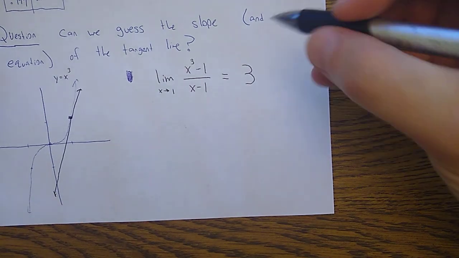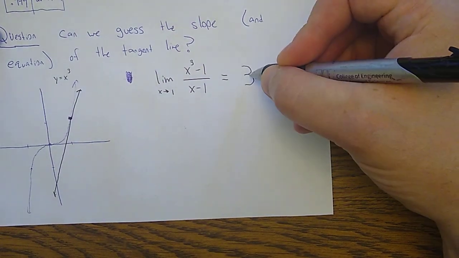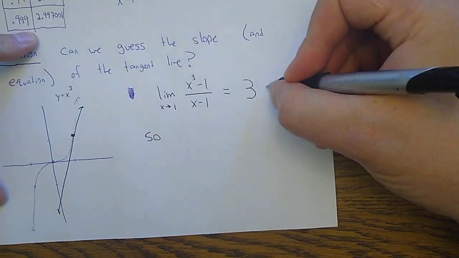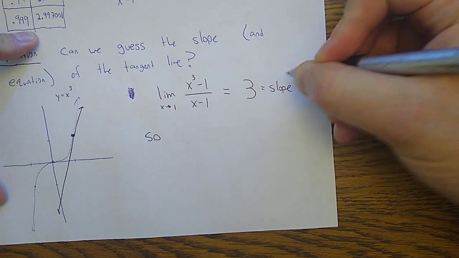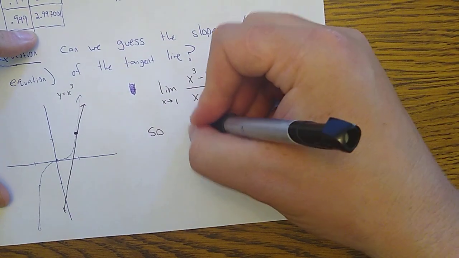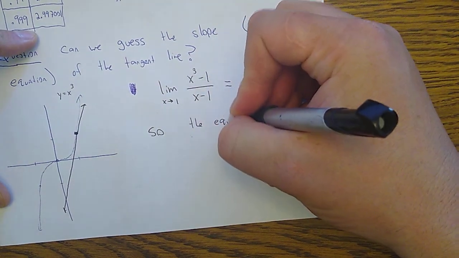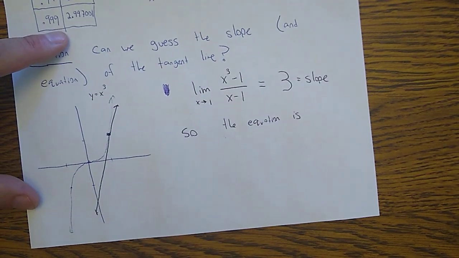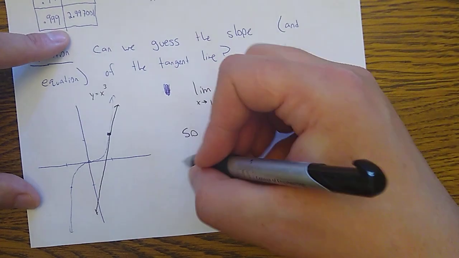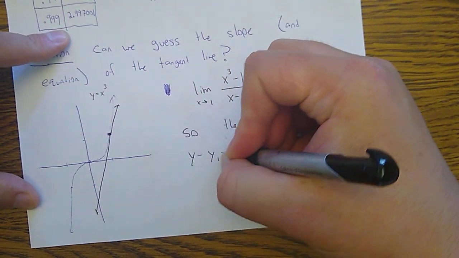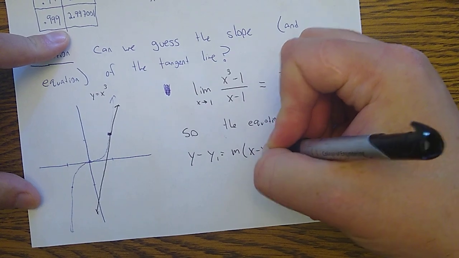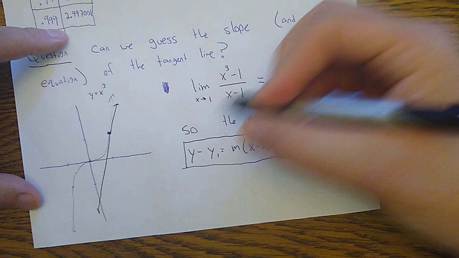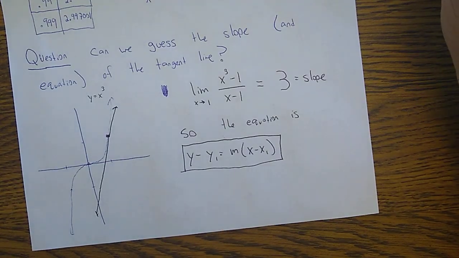So let's say that's 3, and let's say that's the slope of the tangent line. And then to do the equation of the tangent line, I can just use the point slope form of a line.